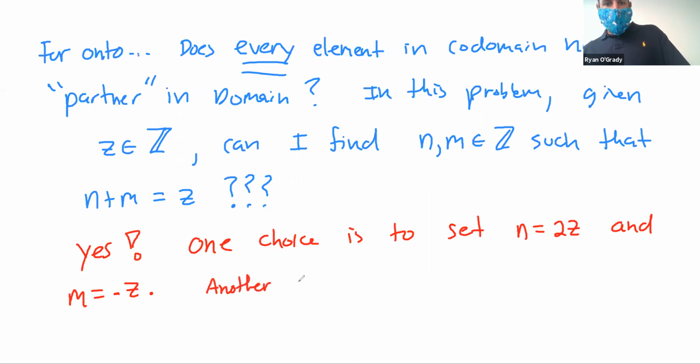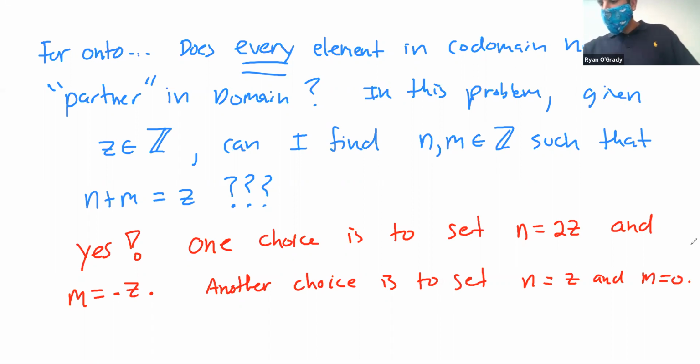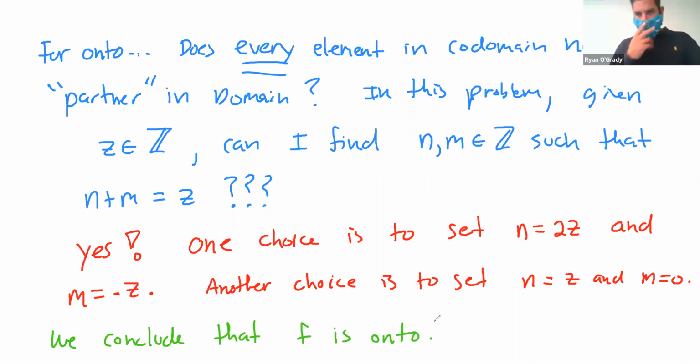Of course, there's other choices. Another choice is to set n equal to z and m equal to 0. That would work. And there's other choices that you could make. And so what we conclude then is that f is onto.